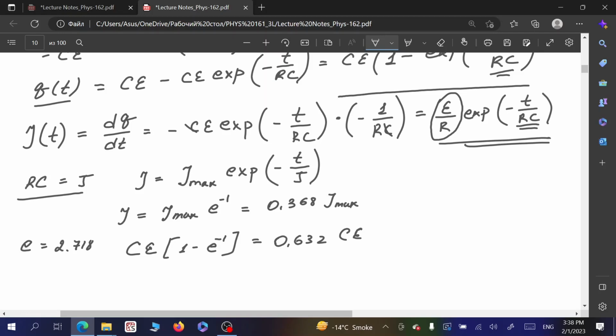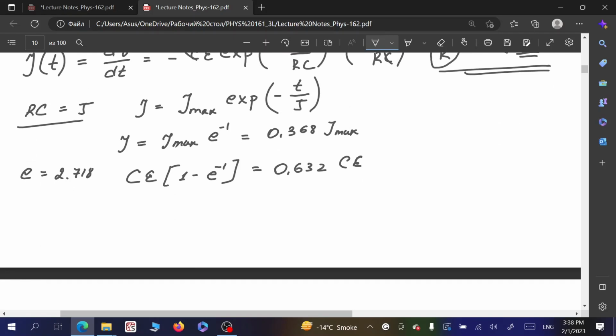So it will reach about 63% of the maximum charge which can be accumulated in the capacitor. So these are two ways how you can define the nature and physical meaning of this time constant tau.